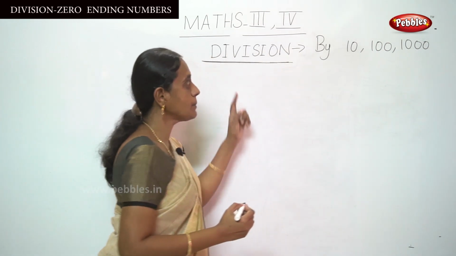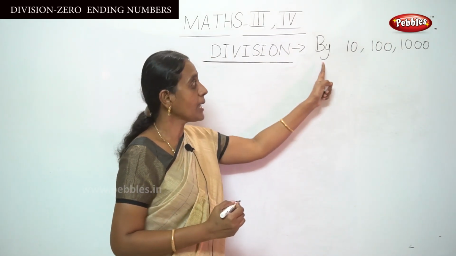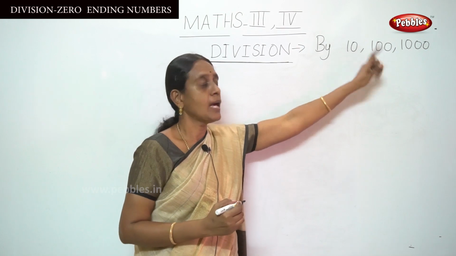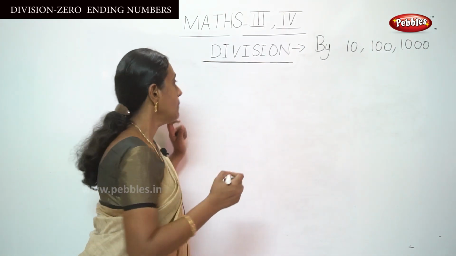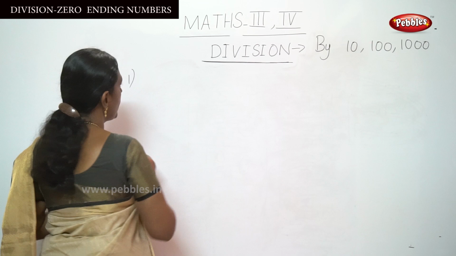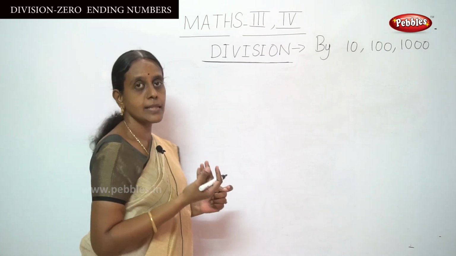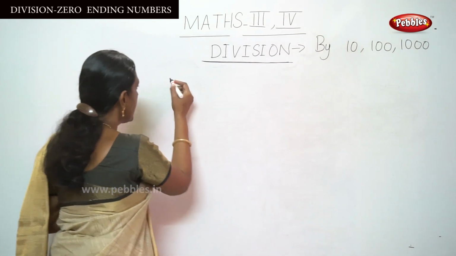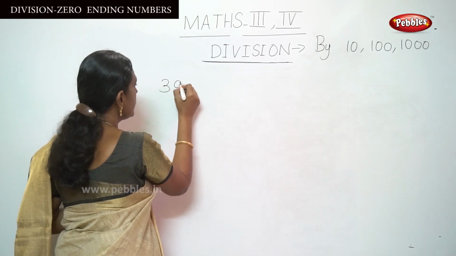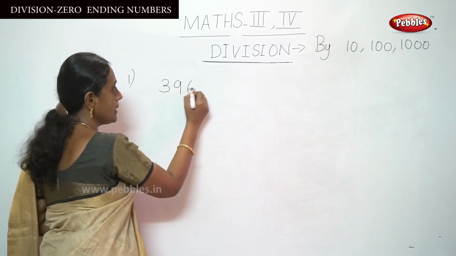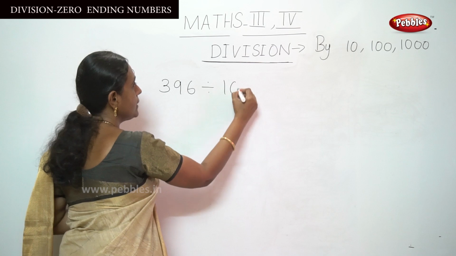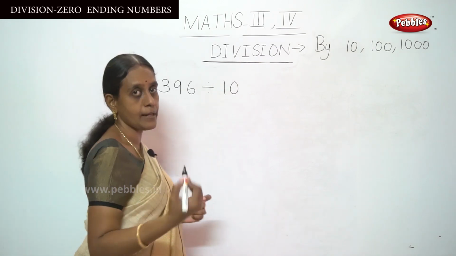This is our subtopic. I am going to explain with example sums. Here is 396, a 3-digit number, divided by 10.